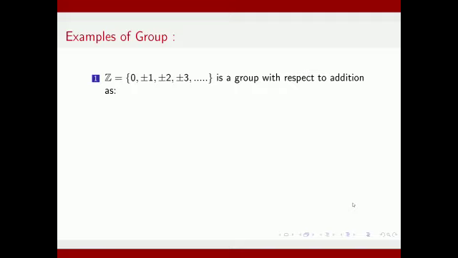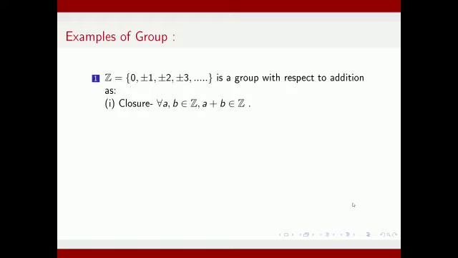Now let us look at the examples of group. Set of integers is a group with respect to the operation addition. As first, closure property: we know that the sum of any two integers is again an integer.